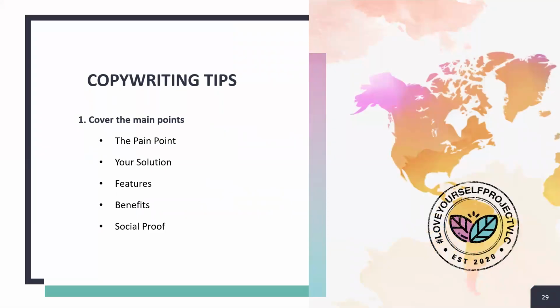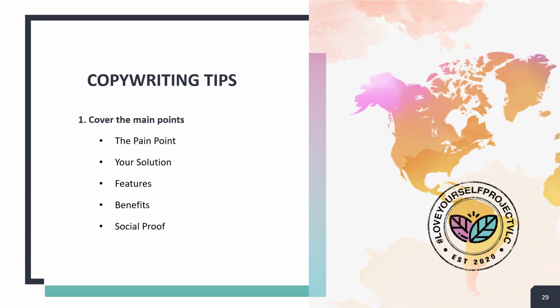So going back to this part, now we're going to dig a little deeper. So to cover the main points, no matter how you position it, there are a few main points that you need to hit with your copy. Those main points are your person's pain points.